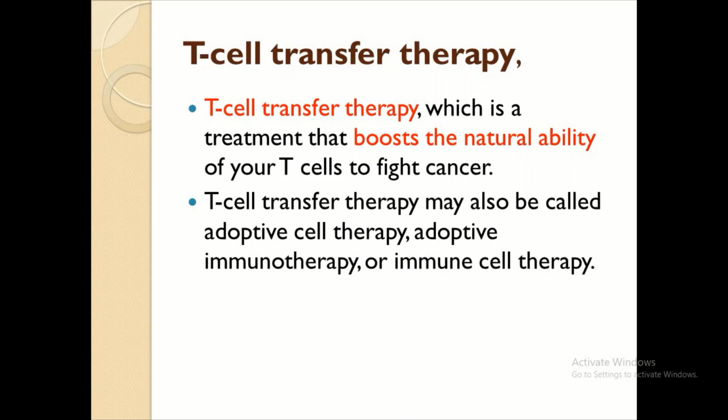Then they multiply the immune cells, and once they are multiplied in good numbers, they inject them again into the cancer patient. These immune cells will go and inhibit the tumor. T-cell therapy may also be called adaptive cell therapy, adaptive immunotherapy or immune cell therapy. Clinical trials are going on in this area.